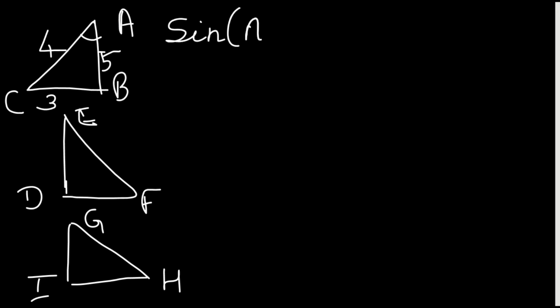This is your question. You have to find what is sine A. The length of the sides AB is 5, BC is 3, and AC is 4 is also given.